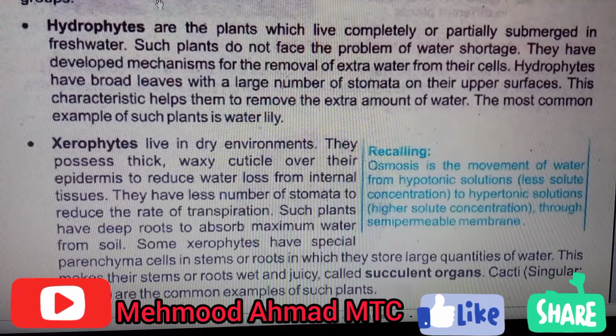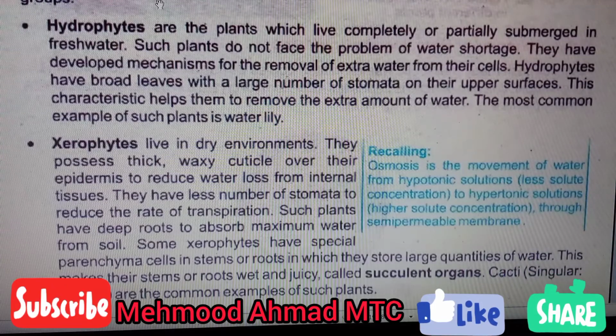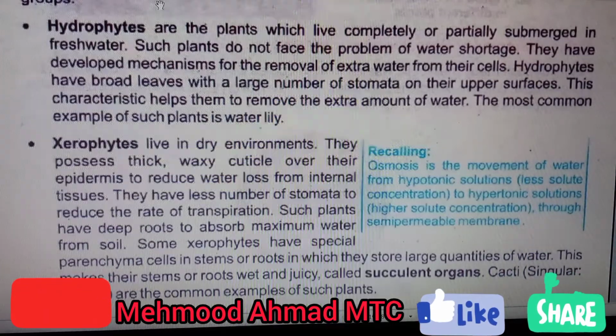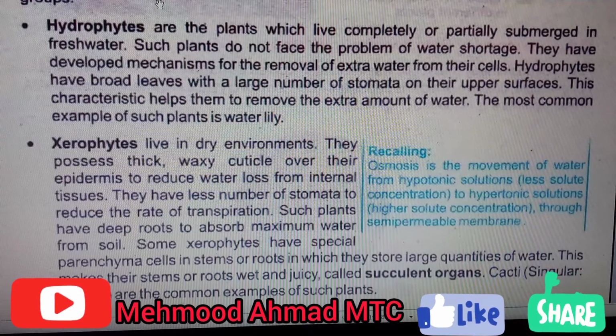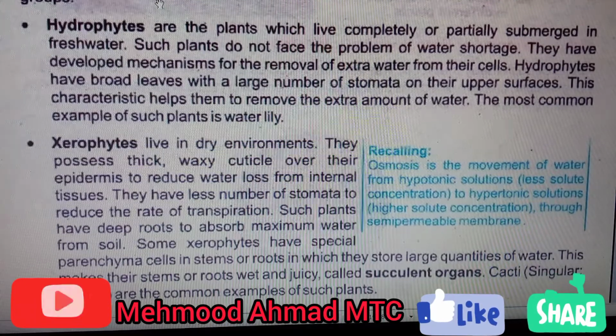Students, these types of plants are found in deserts, like the very familiar plant cactus, or aloe vera is also an example of xerophytes. So let's move towards the other one.